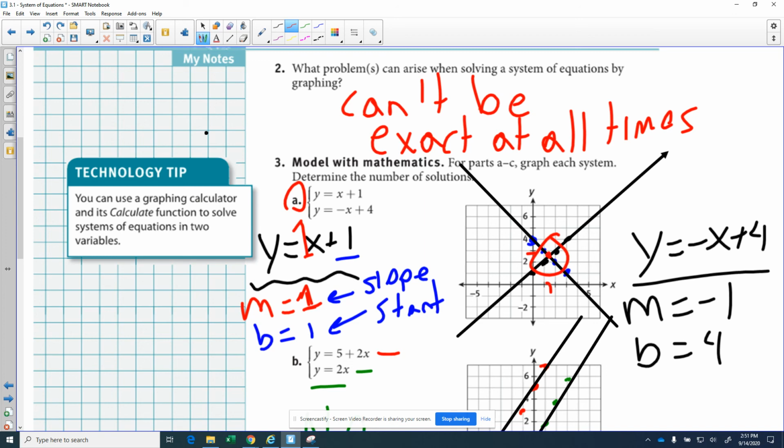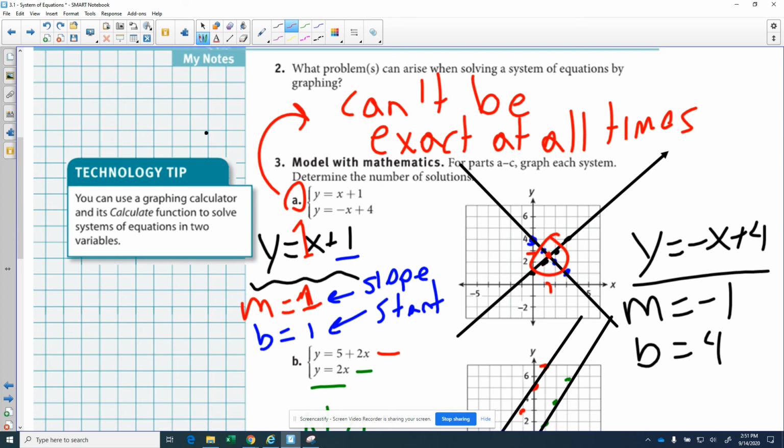But at the end of the day, this is the one strategy that we rarely use, simply because I cannot be exact with these values. It's hard to be exact with a graphing value unless they cross at a very ideal location. If we get decimals as answers, then it's hard for me to figure that out because we don't have a decimal graph.